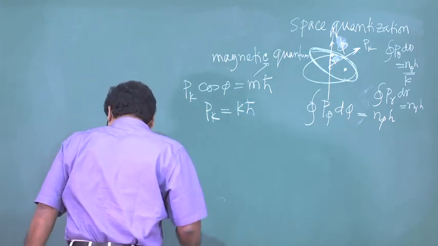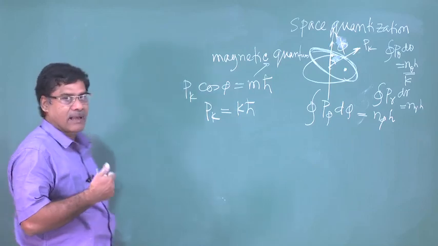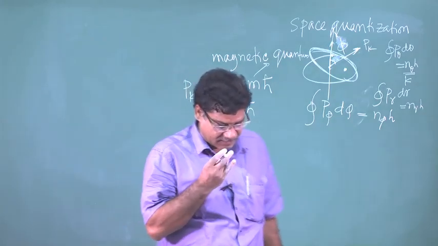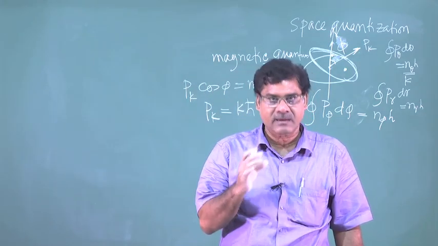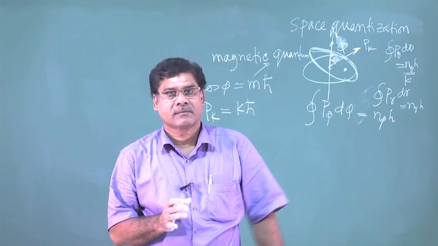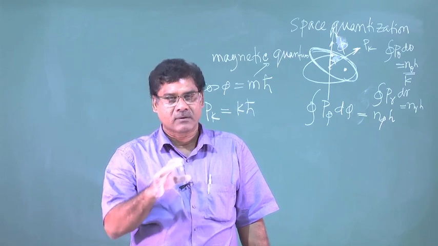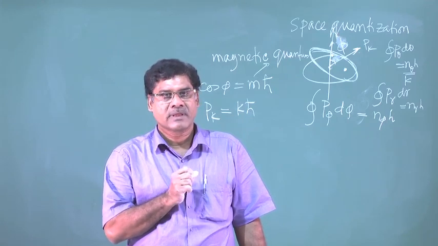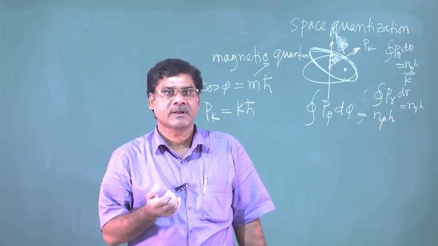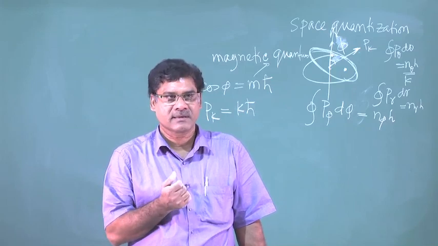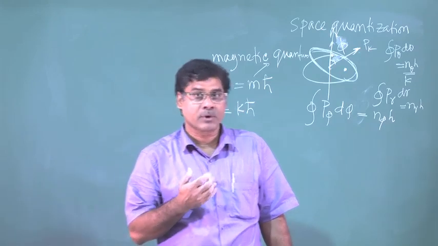When we are applying a magnetic field, if the magnetic field interacts with the electron or with the atom, then there will be a change of energy due to the interaction, mainly potential energy.